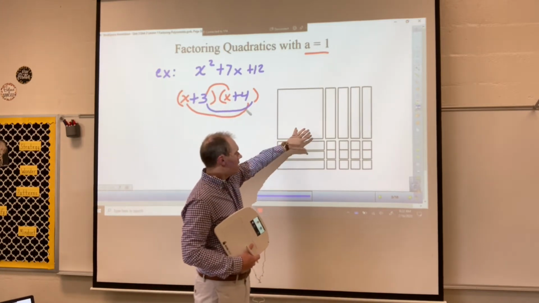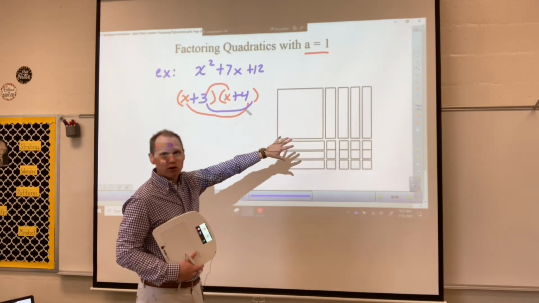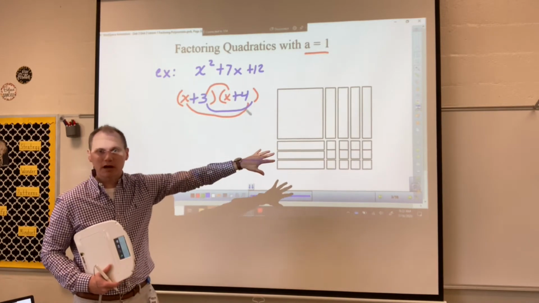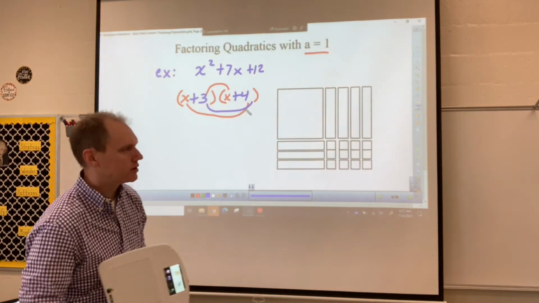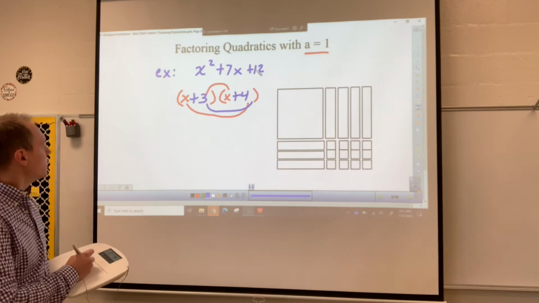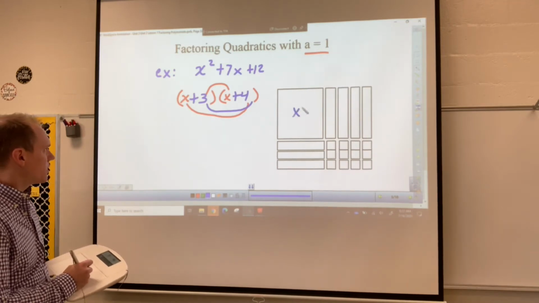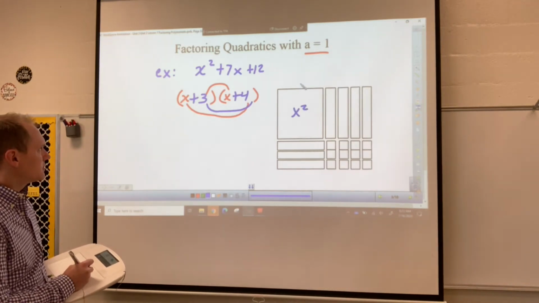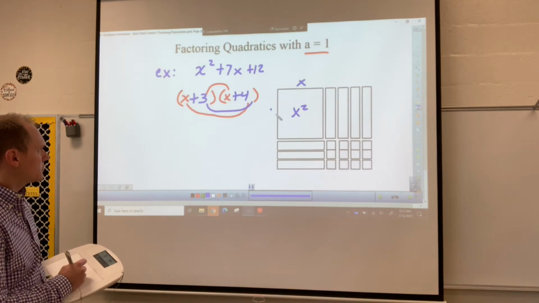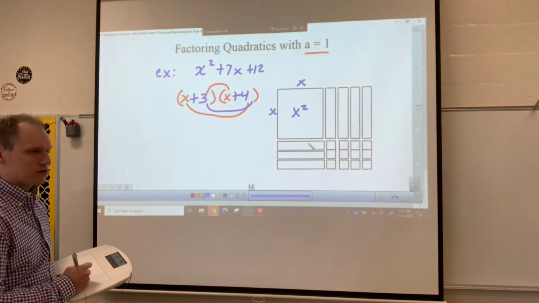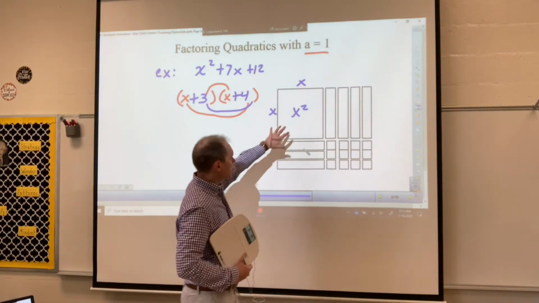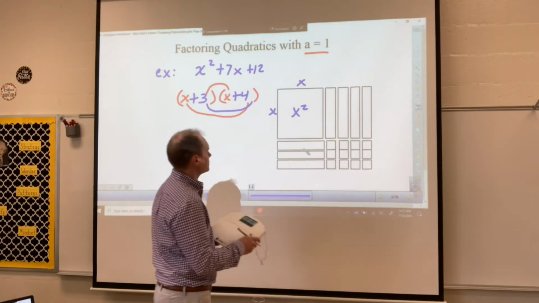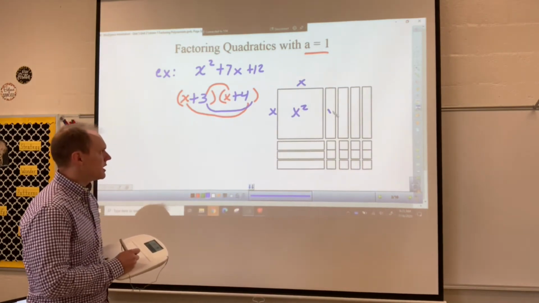From a visual representation, you can actually take algebra tiles and show this visually. So in this case, we've got x squared. So this has a side length of x and x, which gives us an area of x squared. So all of the terms we see here. So this is x squared, and then each one of these is x.